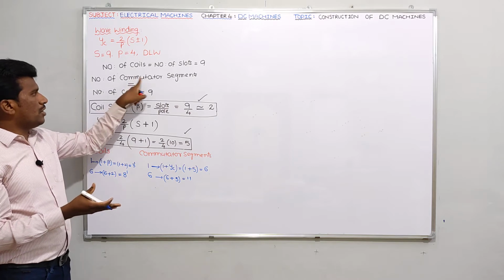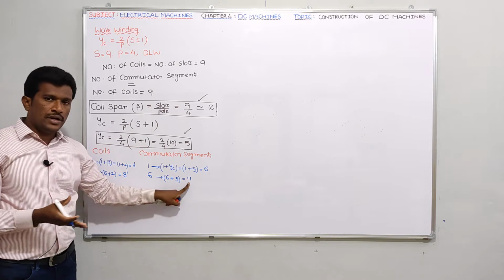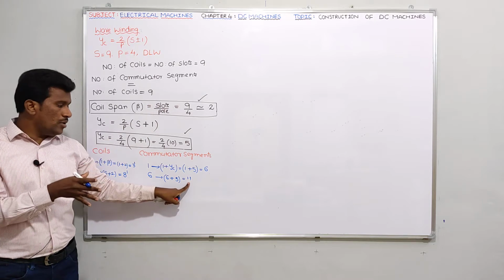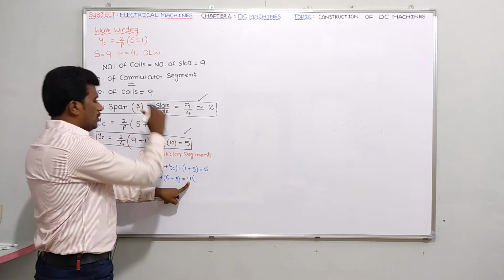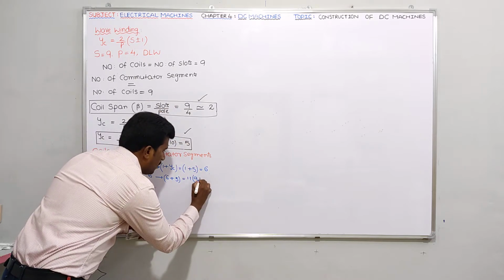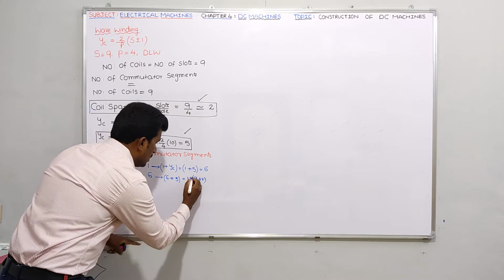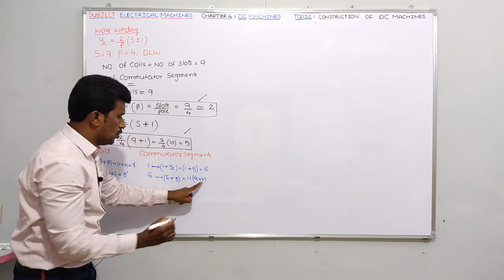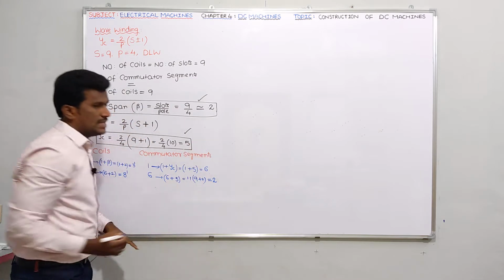The number of commutator segments equals the number of coils, only 9, but you are getting 11. That means 11 minus 9. The maximum number is 9 only, no? 9 plus 2 gives 11. Is it clear? So this 11 I can write as 9 plus 2, so in place of 11, simply I can write 2, the second segment.